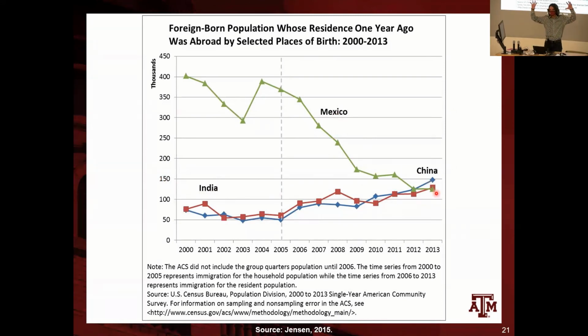So again, these are not all Mexicans, all Chinese, all Indians living in the US in each one of these years. That's more related to recent immigration. In each one of these years, people that reported that in the previous year, they were living in Mexico, China, and India. So that shows us trends of migration to the next years.